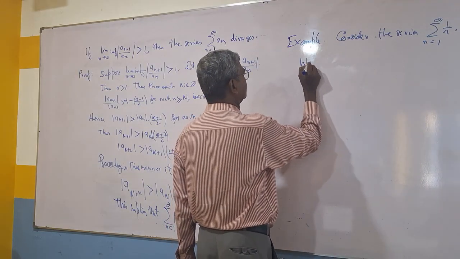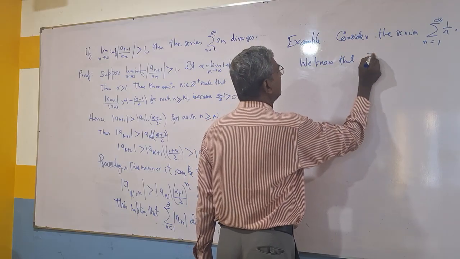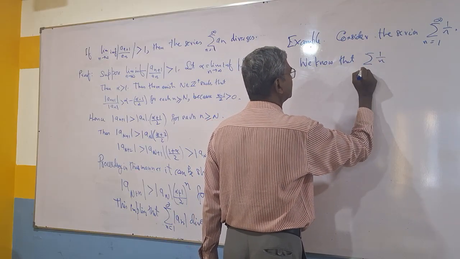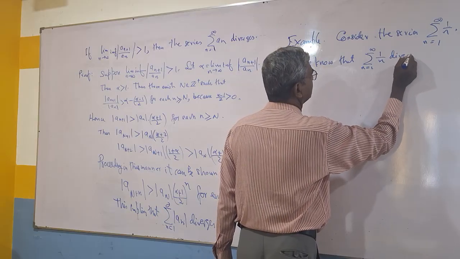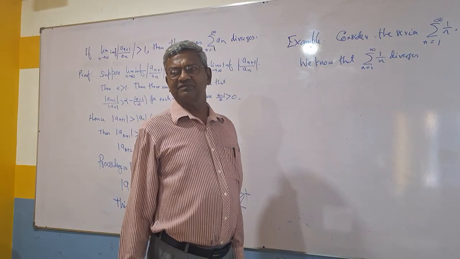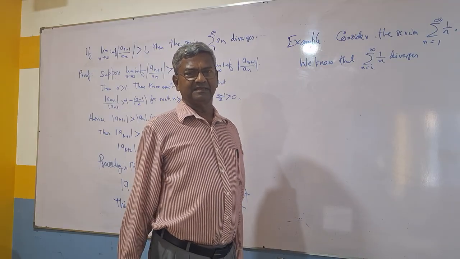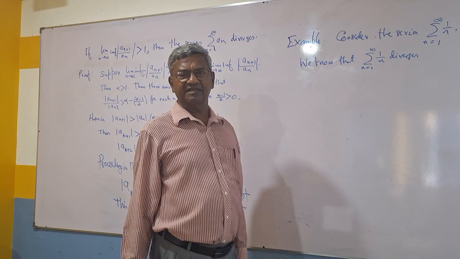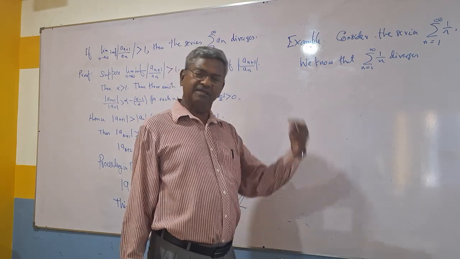We know that sigma 1 over n diverges. In how many ways can we show this? We can apply the Cauchy condensation test, which you learned yesterday. By applying that, you can prove it.